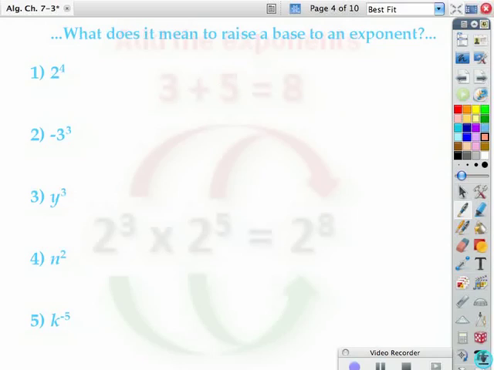Before we get into this lesson, we also wanted to talk about what exactly it means to raise a base to an exponent. Now remember, a while back we actually talked about an example like this with 3 to the 2nd. Now this number 3 right here, that would be considered the base.